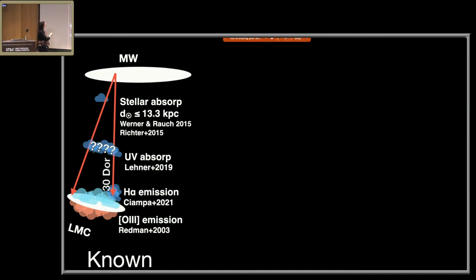But at the same time, those other studies that we showed, including the H alpha study, but some work done by Chris Haug, Nicola Lehner, 2007, and also especially their 2019 work, that tells us that there is a fast-moving component of something here. And that particular fast-moving component extends the entire face of the LMC, which is also what we see in H alpha as well.